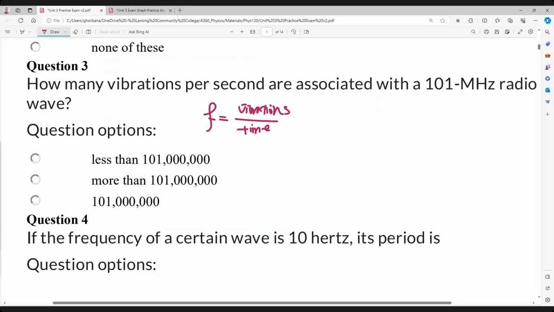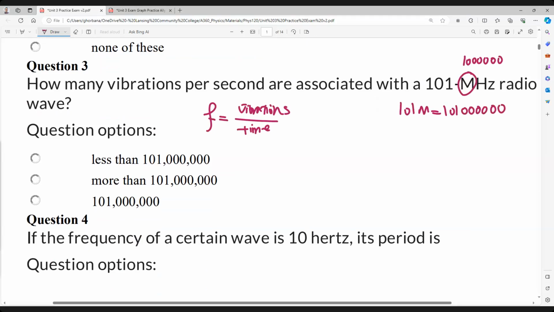So when we have 101 megahertz, what does mega mean? Million, yes? Or 10 to the power of 6. 101 mega means 101 million, yes? How many zeros? Six. Good.